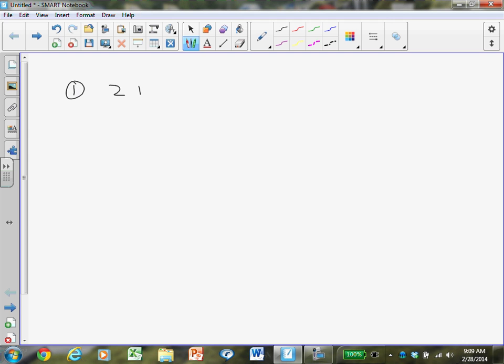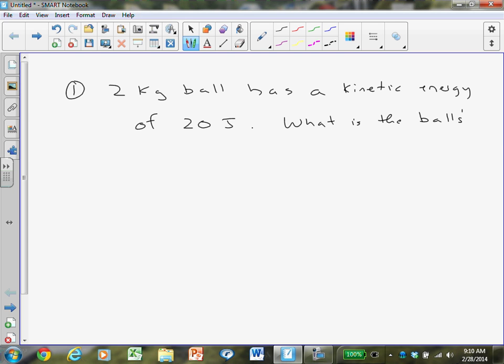A 2-kilogram ball has a kinetic energy of 20 joules, okay? What is the ball's momentum? What do you think about solving that problem?